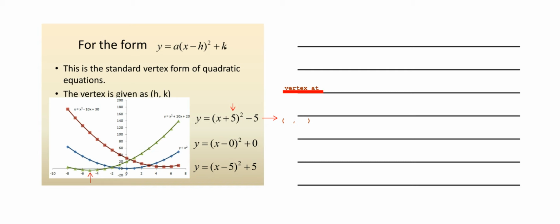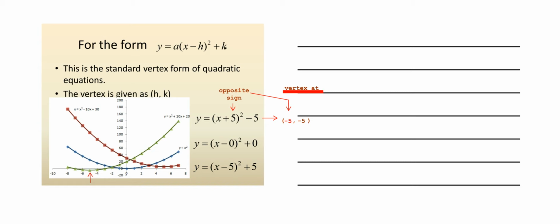The h is always the opposite of what you have in the parentheses. In other words, it has to be negative 5 in this case instead of positive, because your equation normally has a negative sign on it. So negative 5 would be our x value, and the negative 5 that remains would be the k value. There we go, there is our vertex.